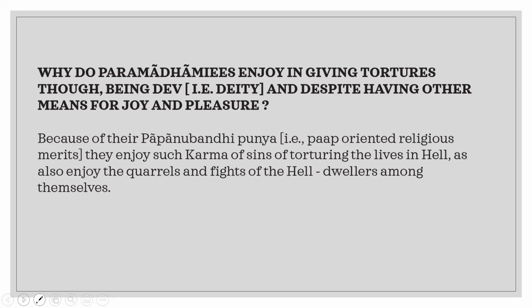Along with yagna, they do very, very ghor tapasya. But at the same time, they are also doing the hinsa of Panchindriya Jeev, like the Hasti Tapas, who kill elephants during the yagna. Such human beings are born as Parmadhamis because of their Papanubandhi punya.